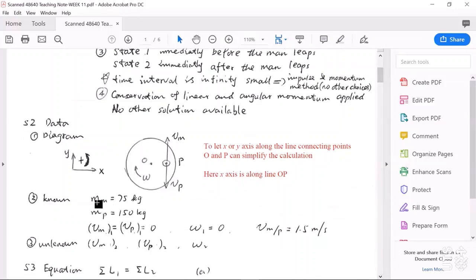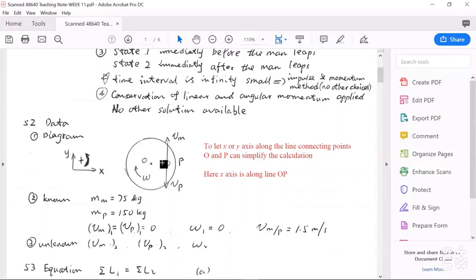Okay, we already know the mass of this man and the mass of this platform. Initially, they are at rest, so Vm1 and Vp1 should be 0. Vm1 is the initial velocity of this man.